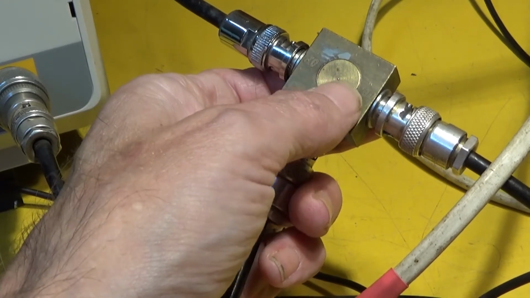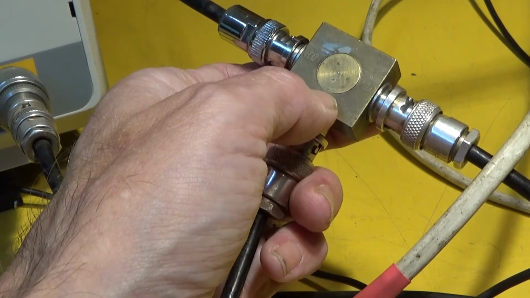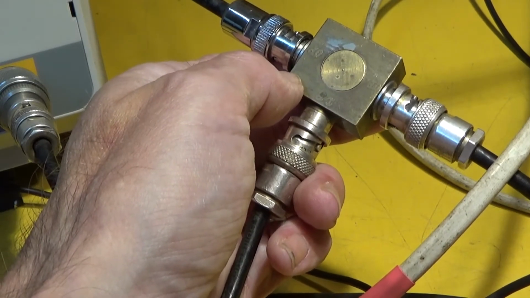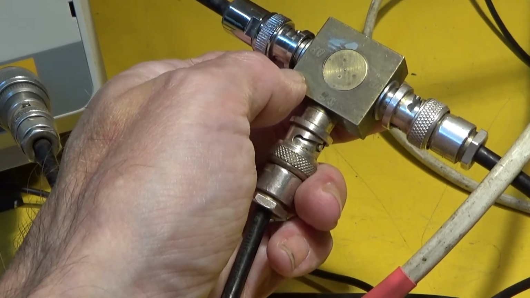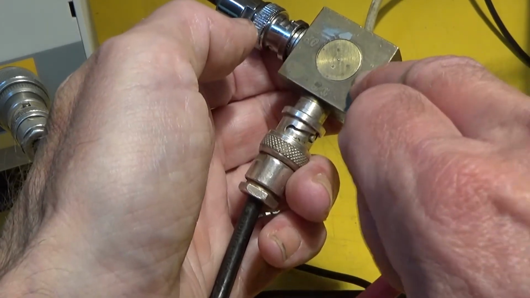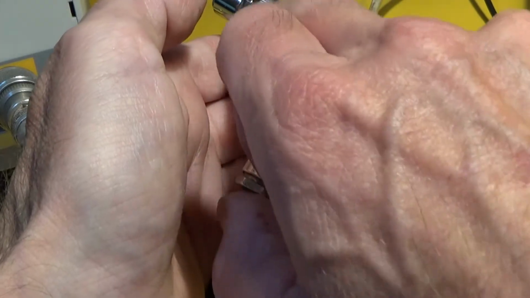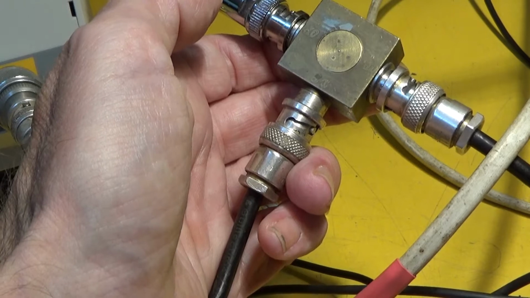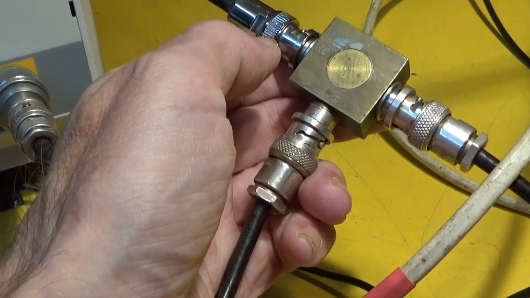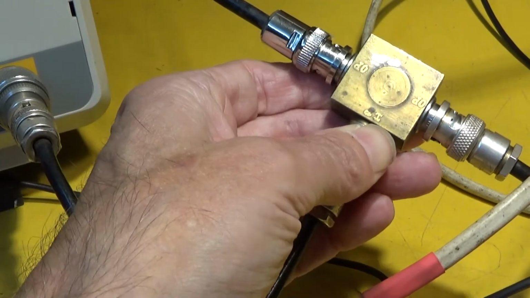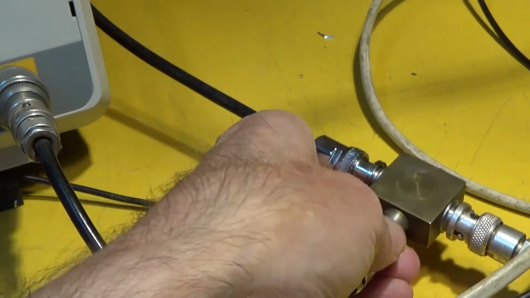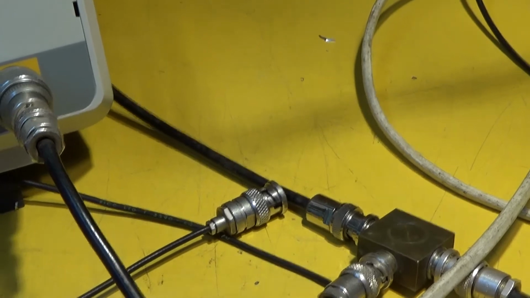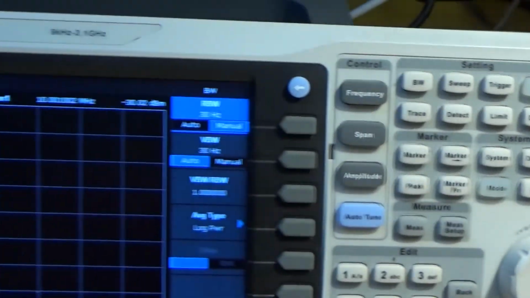It was intended for VHF frequencies when I built it, but it does work at 10 megahertz fine, and it's got roughly 3 to 4 dB loss from either port to the output.